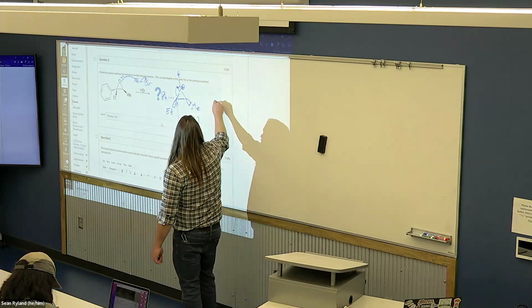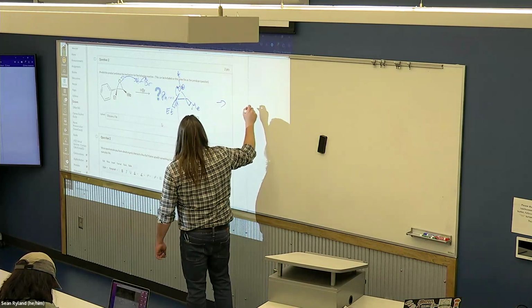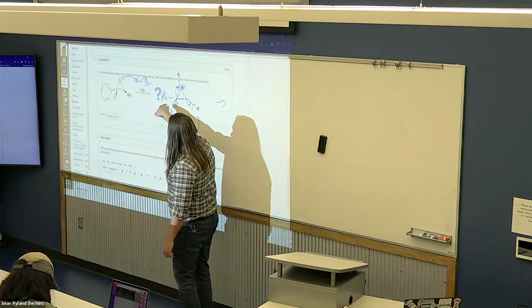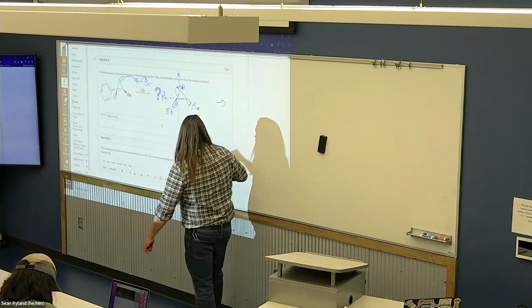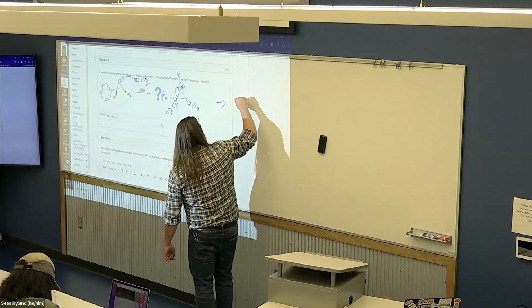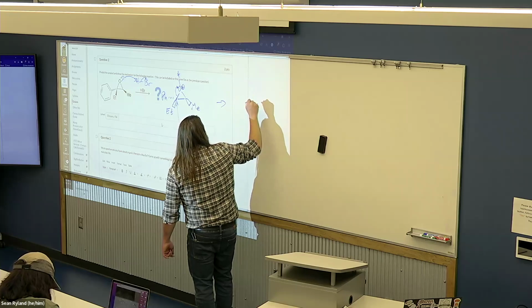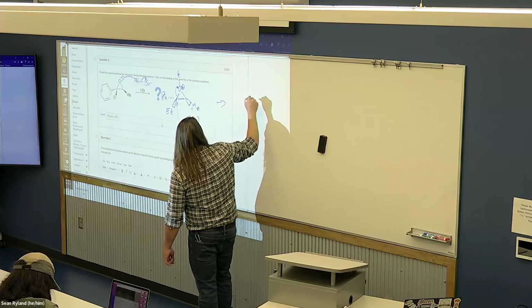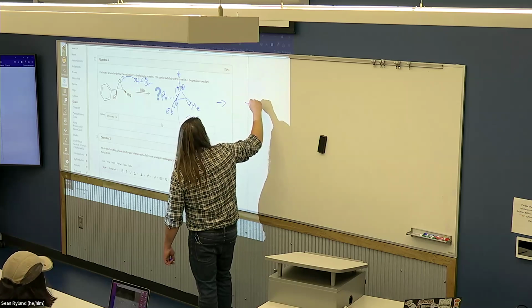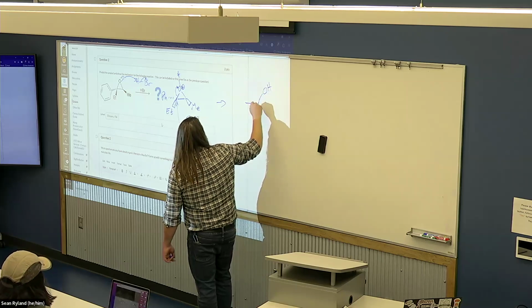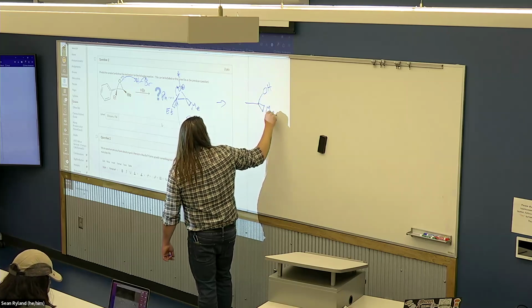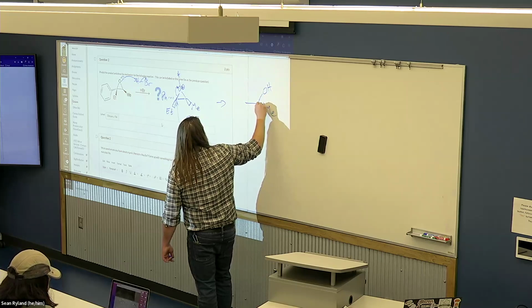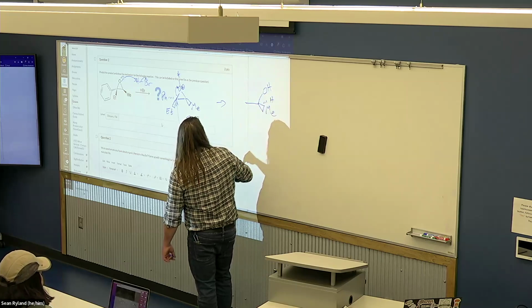Everything's going to stay more or less in the same position, except that instead of being sort of flat, they're going to kind of pop upward. So we're going to wind up with our carbon and carbon, our OH up, a methyl forward, and a hydrogen back.